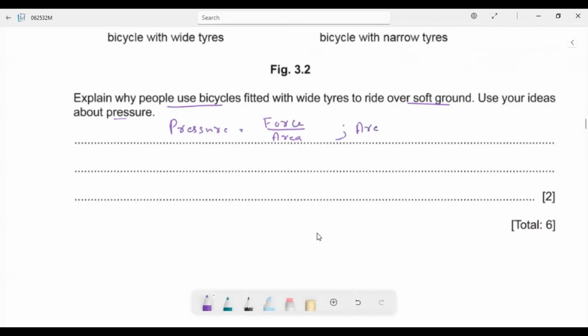As area increases, pressure decreases. From this equation, it is visible. As area increases, pressure will decrease. So when your tire is wider, it will have a larger area of contact. So a wide tire has a large contact area.